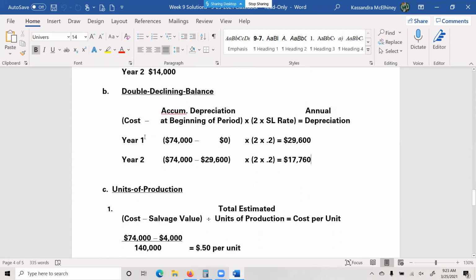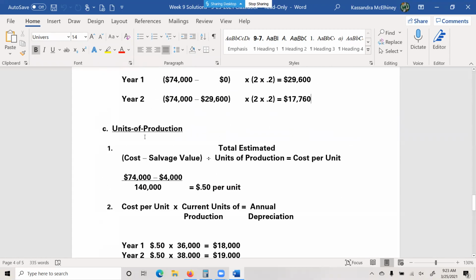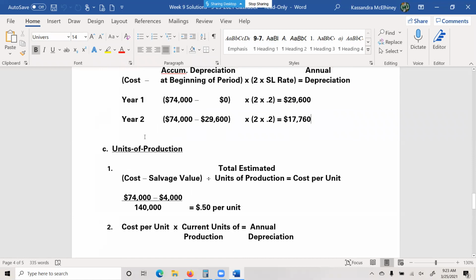Okay, so part C, units of production. We have to utilize some more data given to us in the problem, and that is that our company, Banco Inc., believes the equipment should be able to produce 140,000 units of product.